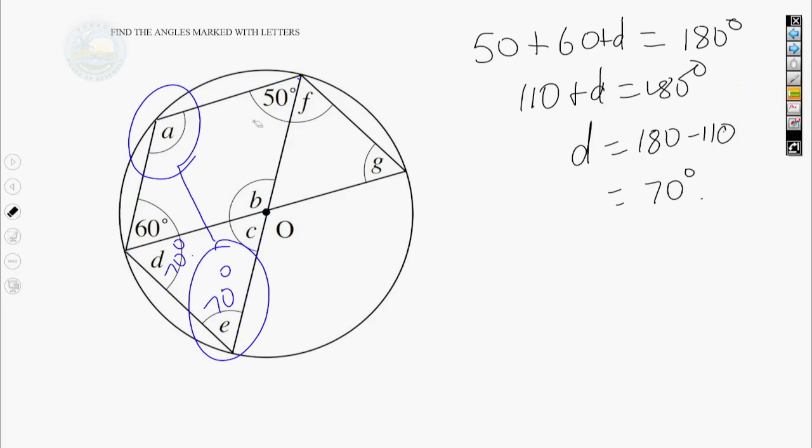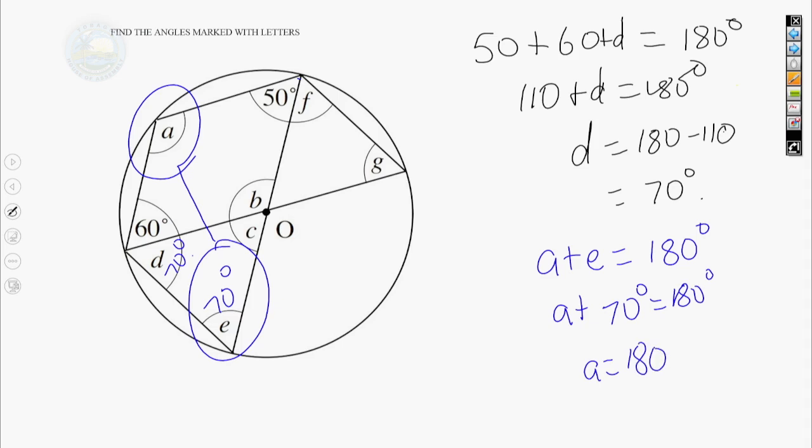So it means that if we were to add A and E together, they would be 180 degrees. But we already saw that E is 70. So that means that A would be 180 minus 70. That's 110 degrees.